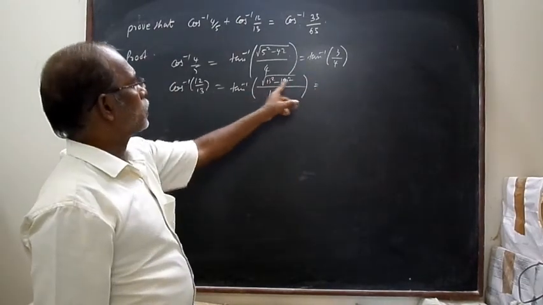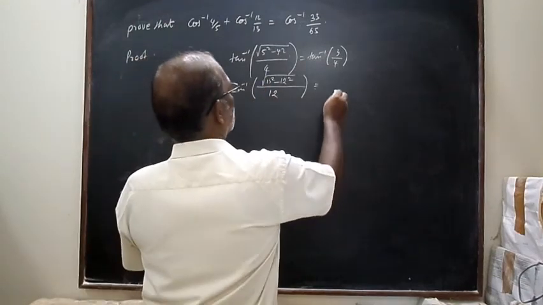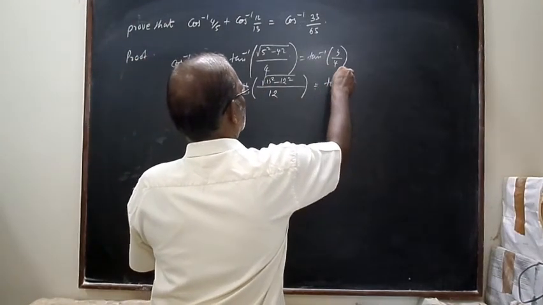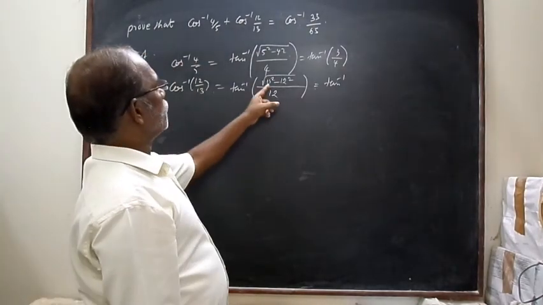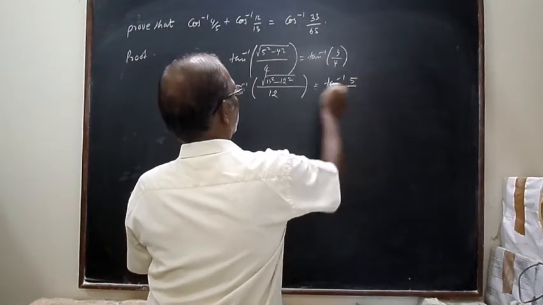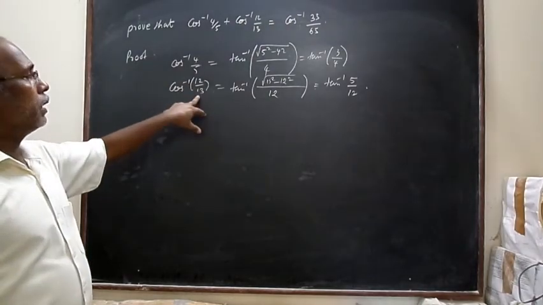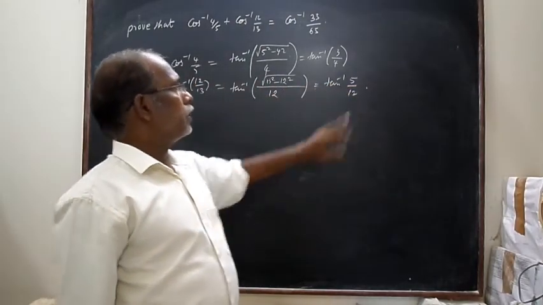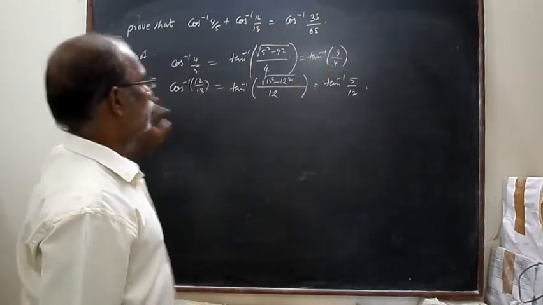A square minus b square, a minus b is 1, so a plus b straight away. What is a plus b? 25, so root of 25 is 5, divided by 12. So cos inverse of 12 by 13 is tan inverse of 5 by 12, and cos inverse of 4 by 5 is tan inverse of 3 by 4.